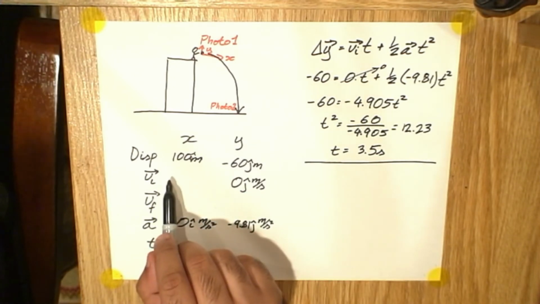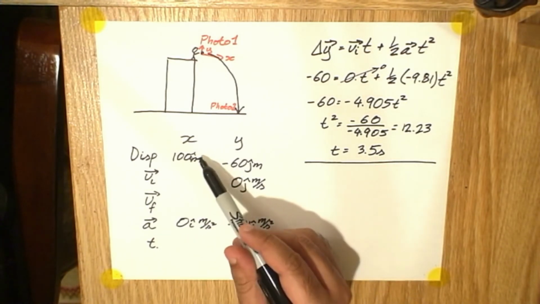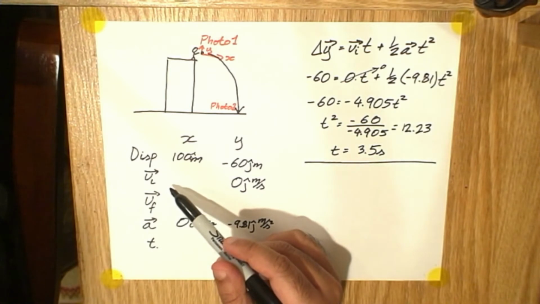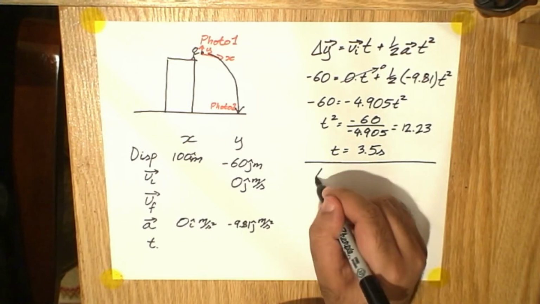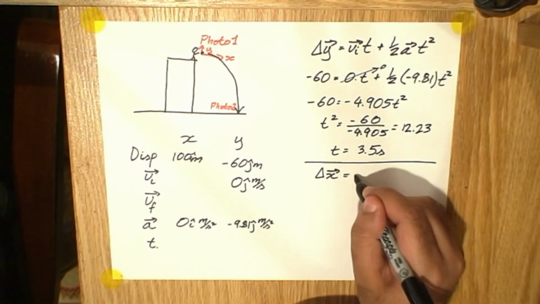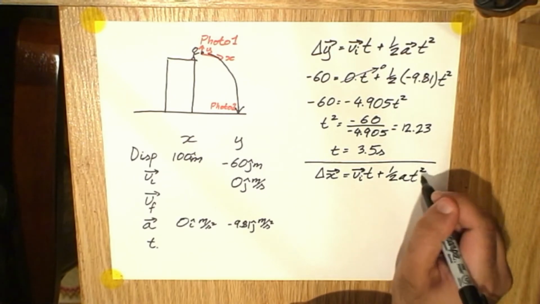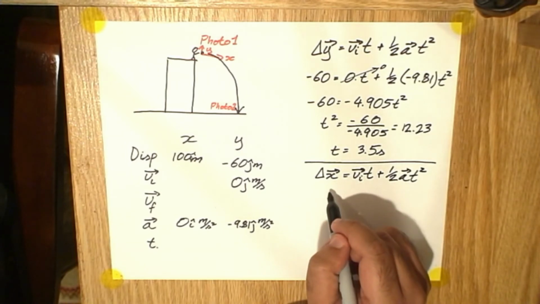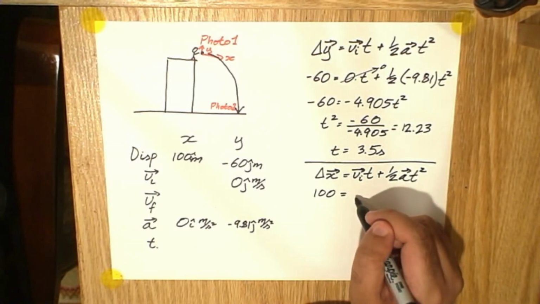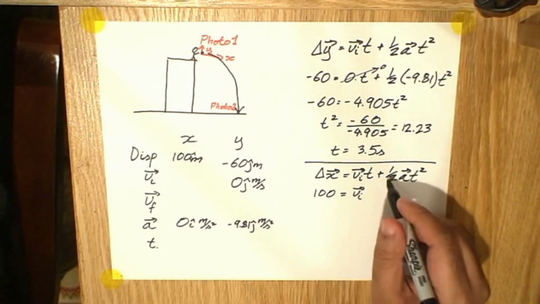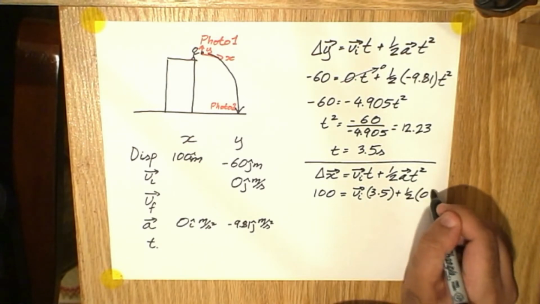What about the launch velocity? Well, now that we know the time, we also know the acceleration, we know the displacement, we're looking for the initial velocity. So the initial velocity would be solved using exactly the same equation, because toolbox equation 2 is once again the only equation that weaves together these 4 quantities. So delta x is equal to 100, is equal to v initial, which is unknown, times time, 3.5, plus 1/2, acceleration is 0, times time squared.